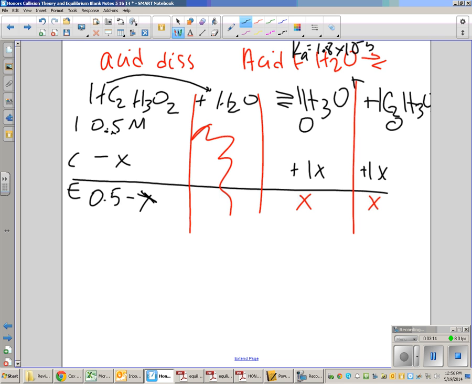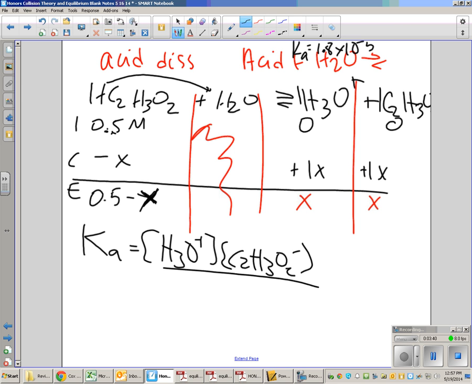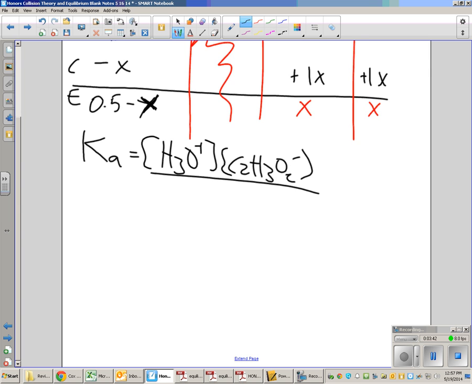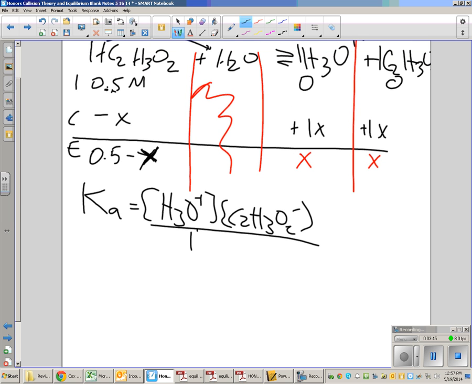Okay, so now, what do I do with this? What's the formula? What's your setup first? H3O plus, so products, times C2H3O2 minus, over reactants, which is HC2H3O2.